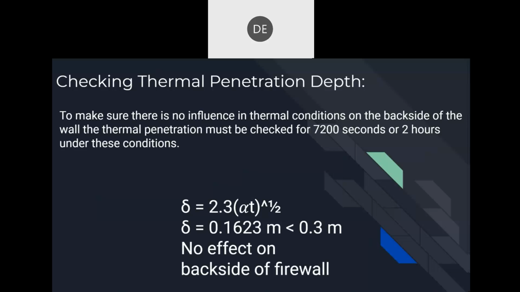The time that we used was 2 hours. This equates to 7,200 seconds. And we found from our calculation that 0.1623 meters was our thermal penetration depth, which is less than 0.25 meters, our chosen wall thickness for the firewall.